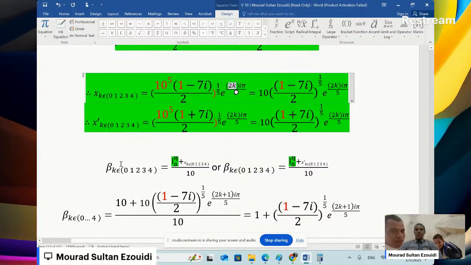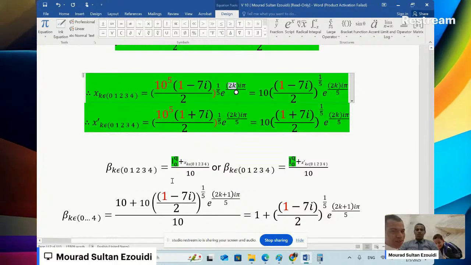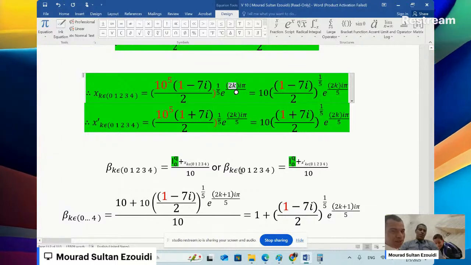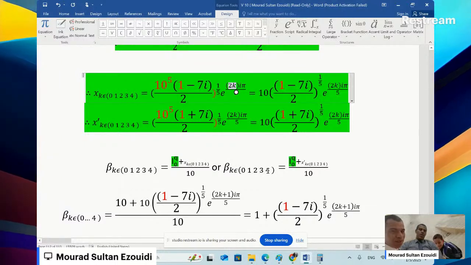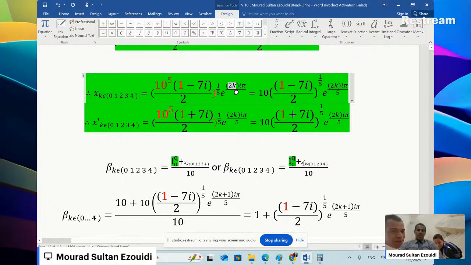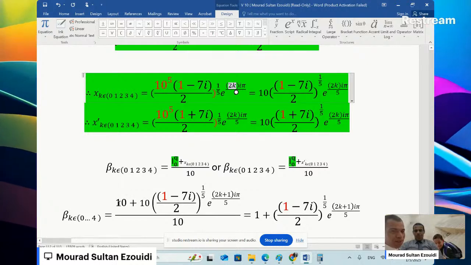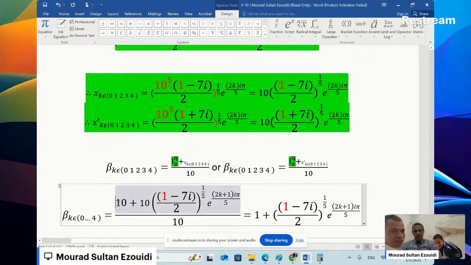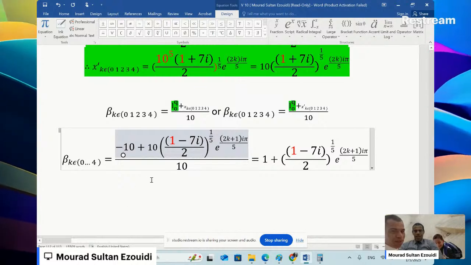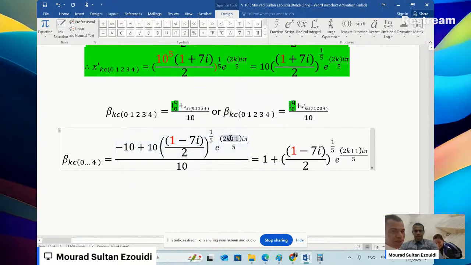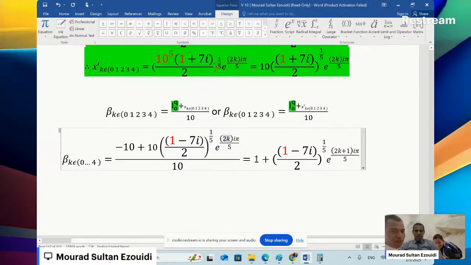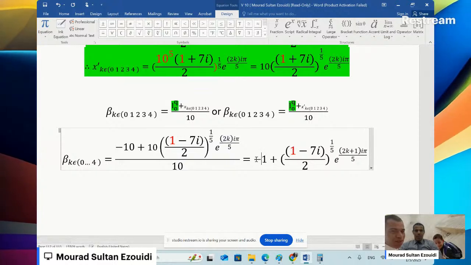So these are the roots of my original equation, beta k for k from 0 to 4 is S0 for the 2, which is negative 10, plus x dash. So this one, my kids, S0 is negative 10. I'll put here negative 10. The rest, there is no change, just ignore this plus 1 because it's positive. So it will be negative 10 divided by 10 is negative 1.